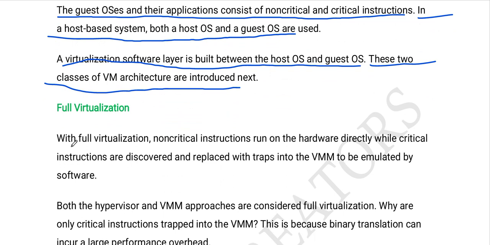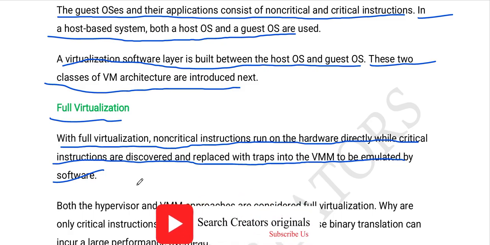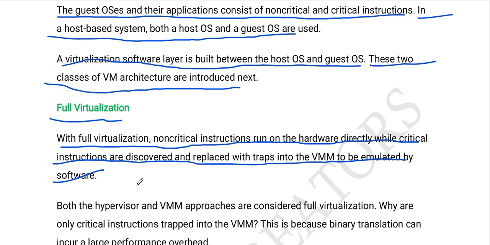Next is full virtualization. In full virtualization, non-critical instructions run on the hardware directly, whereas the critical instructions are discovered and replaced with traps into the VMM to be emulated by the software.